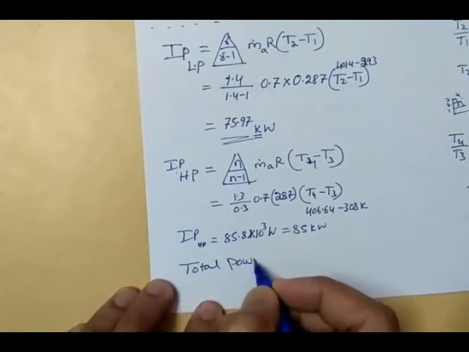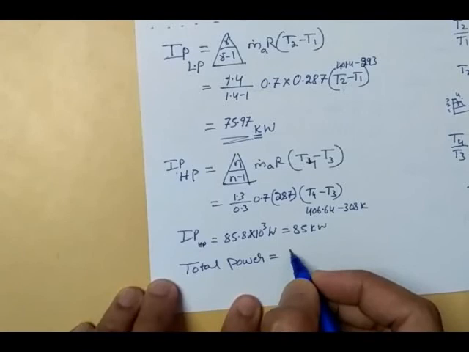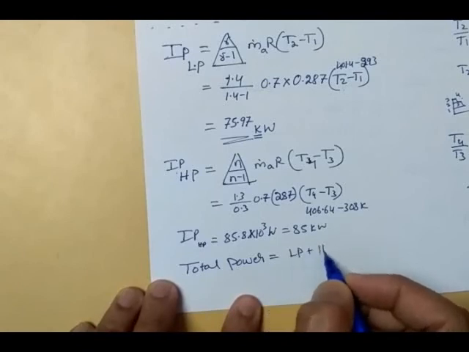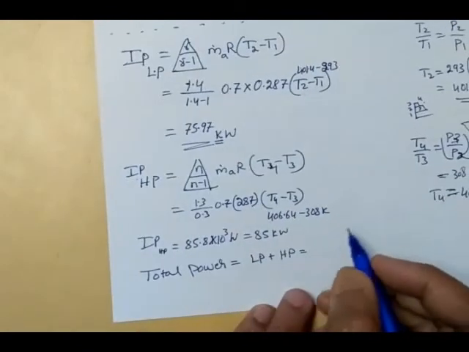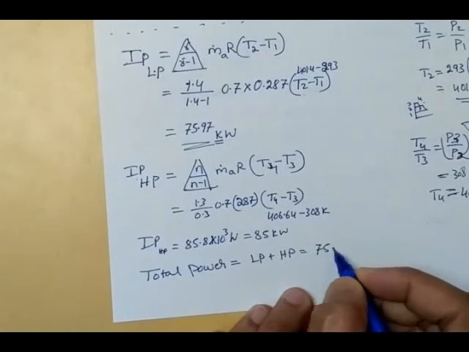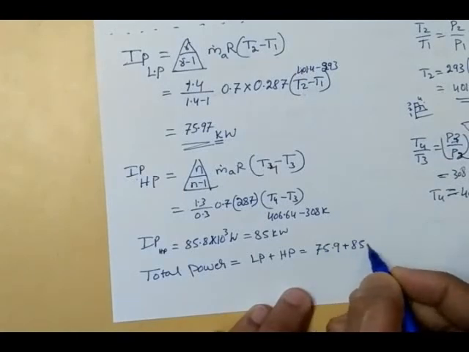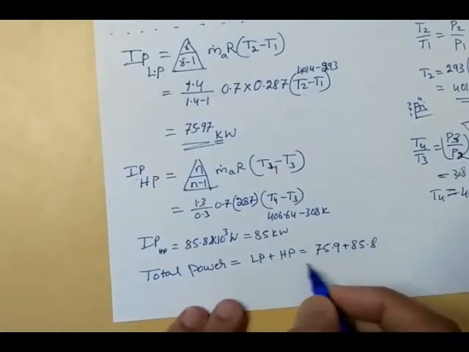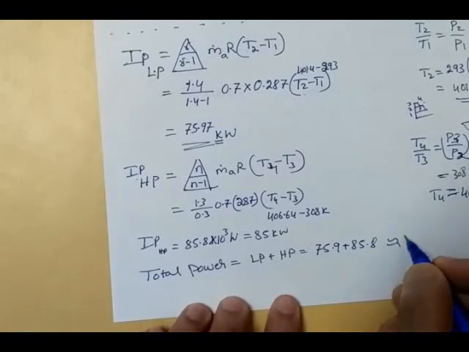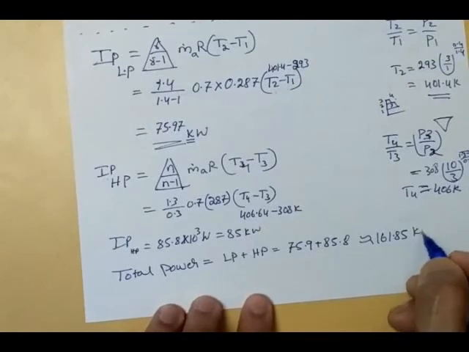Total power is equal to low pressure compressor plus high pressure compressor power, which is 75.9 plus 85.8, which is nearly 161.85 kilowatt.